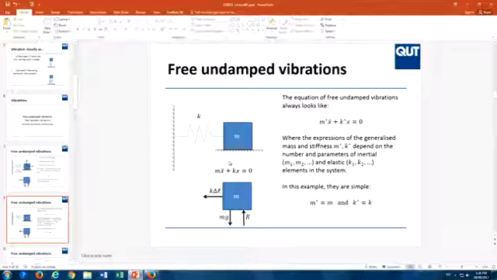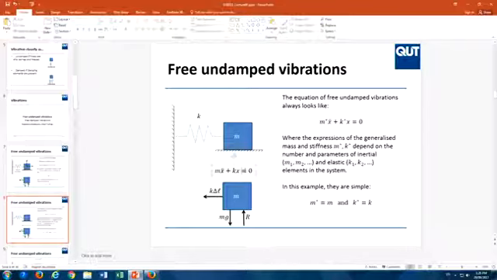Do you think this equation you can solve or not? Analytically, I mean, without a computer. Yes, you can. This is a linear ODE, an ordinary differential equation, with constant coefficients. So it has a very simple solution.